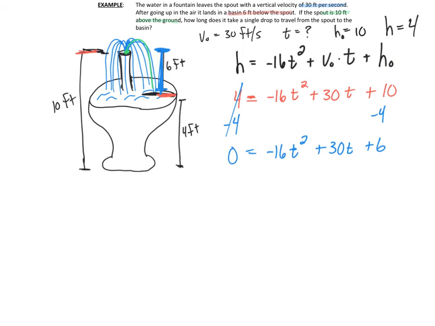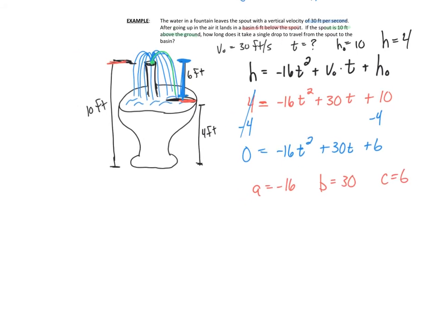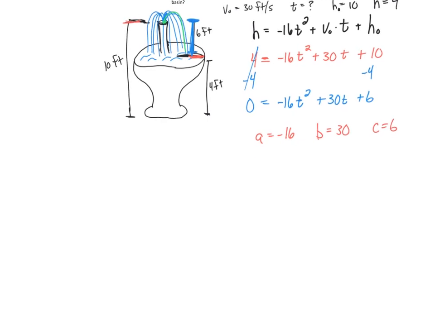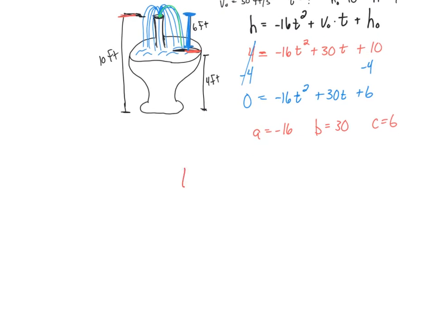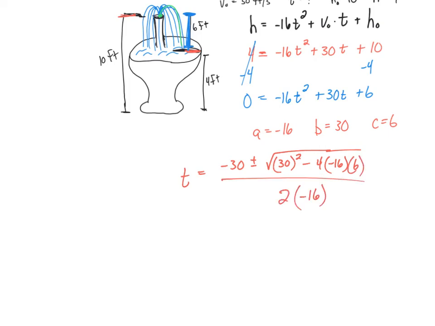So we will use the quadratic formula. A equals -16, B equals 30, C equals 6. So we use the quadratic formula, and we're trying to find t. t equals -b, so -30, plus or minus the square root of b squared minus 4 times a times c, all divided by 2 times a.